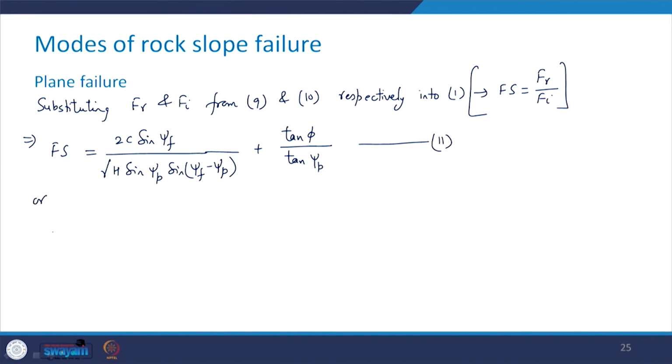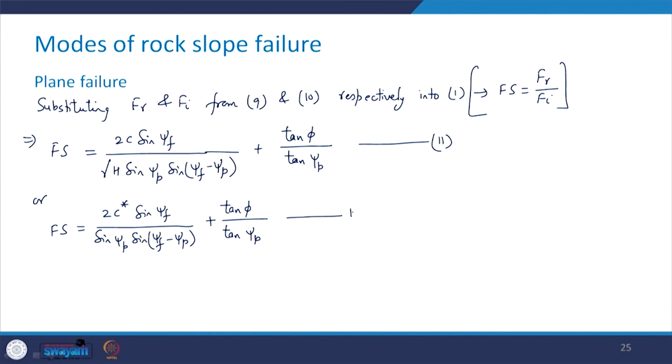Or I can write down this factor of safety in this manner, that is 2c star sin psi f upon sin psi p sin psi f minus psi p, plus tan of phi divided by tan of psi p, equation number 12. Now, see this term c star, that is equal to c upon gamma times h.